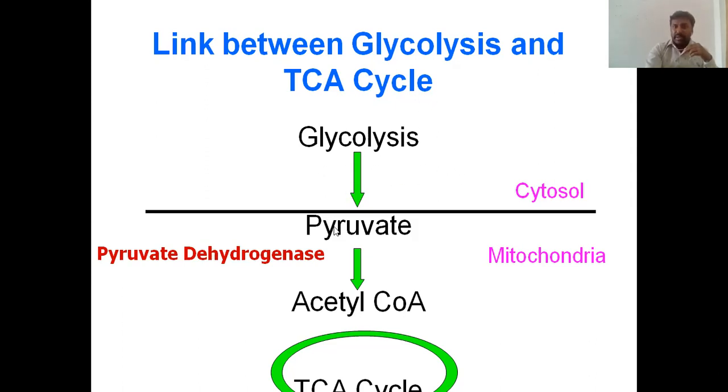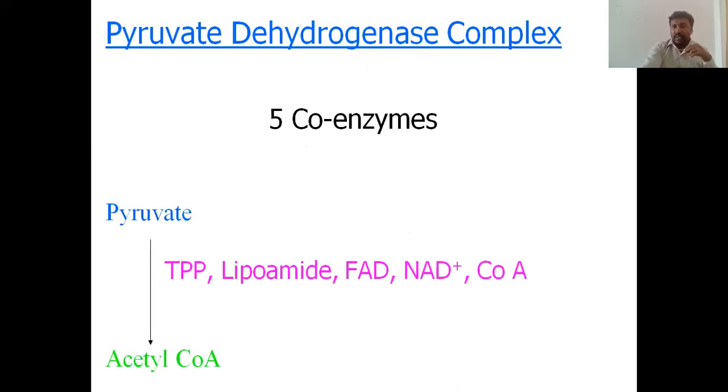Then the pyruvate enters into the mitochondria, where, in the presence of pyruvate dehydrogenase enzyme, it is converted by oxidative decarboxylation, the removal of carbon dioxide from the pyruvate, to form acetyl coenzyme A.